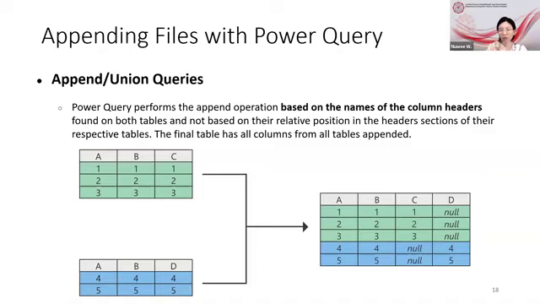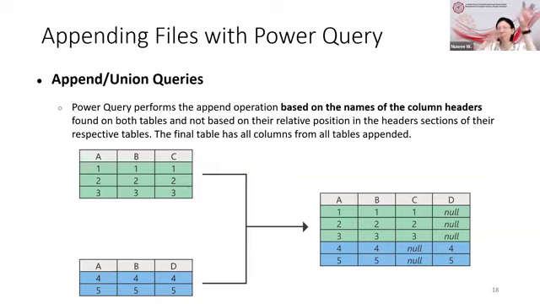So the rule in Power Query is that it will detect the column header and use that column header as the reference in everything it does, right? That means when you perform the append operation in Power Query, it bases on the names of the columns found in both tables, not on position.